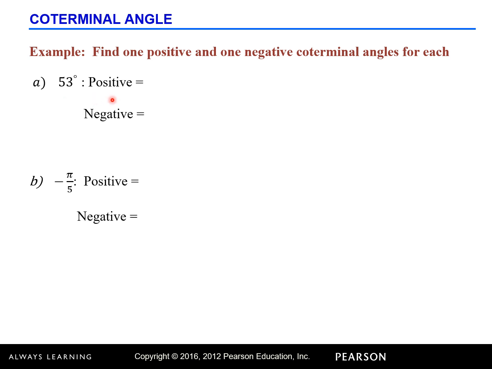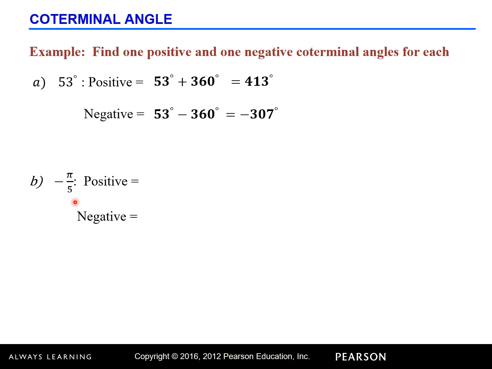To find a positive coterminal angle, we add 360 degrees, which is equal to 413 degrees. To find a negative coterminal, we subtract 360 degrees. So 53 degrees minus 360 degrees is equal to negative 307 degrees.